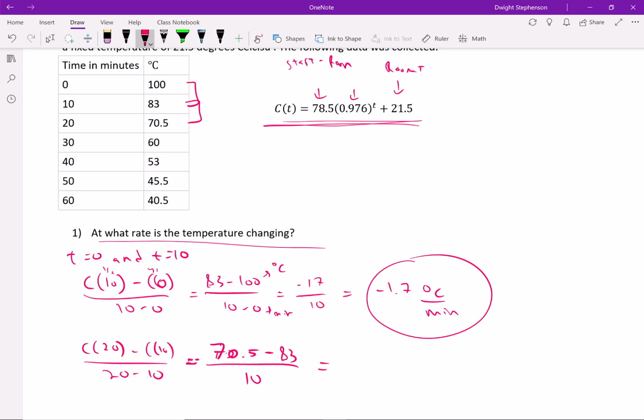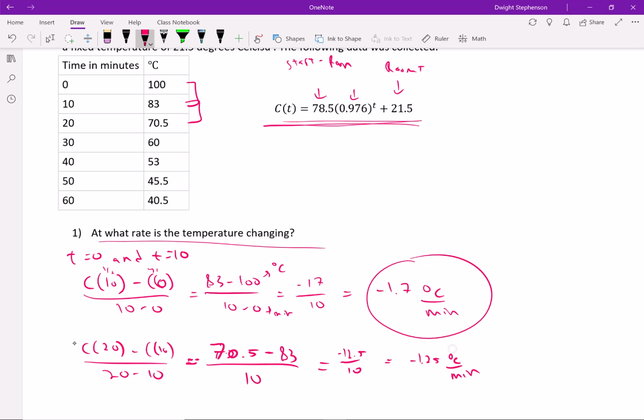Let's do this real quick. 70.5 minus 83 is negative 12.5 over 10, which means our average rate of change here is negative 1.25 degrees Celsius per minute.